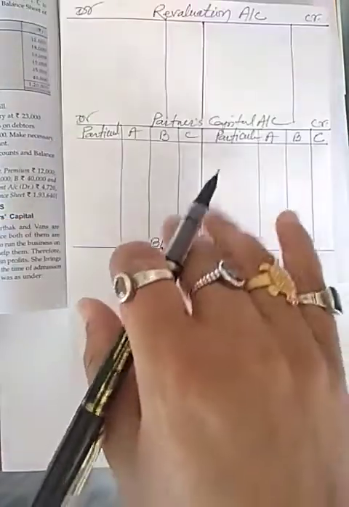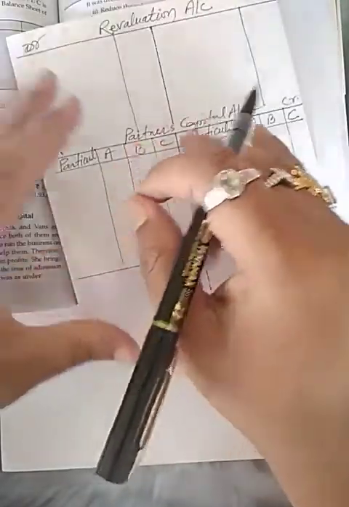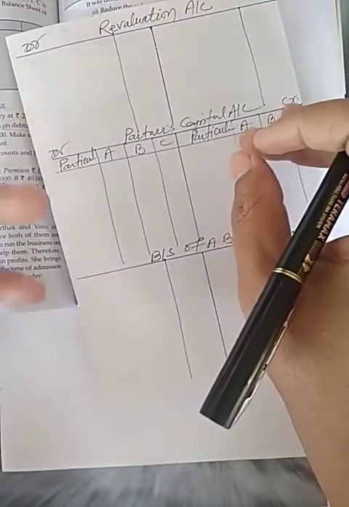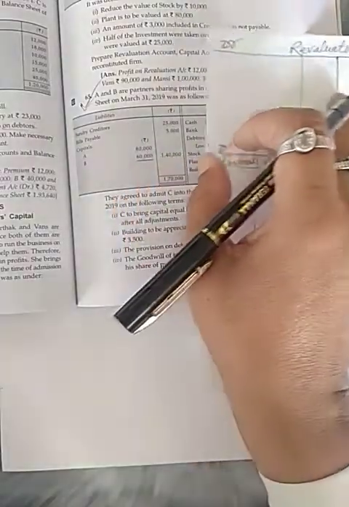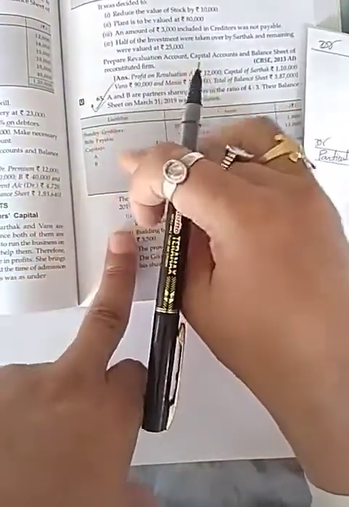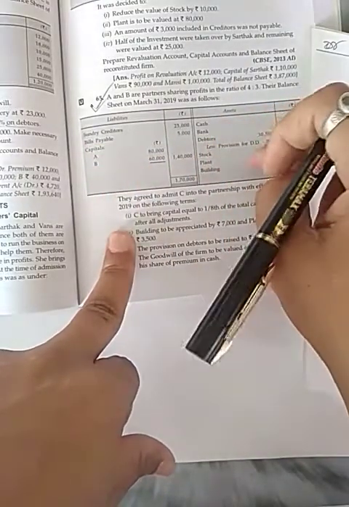Now I will put all the items related to this account, and it is simple. Nothing is given in balance sheet for distribution of old partner.